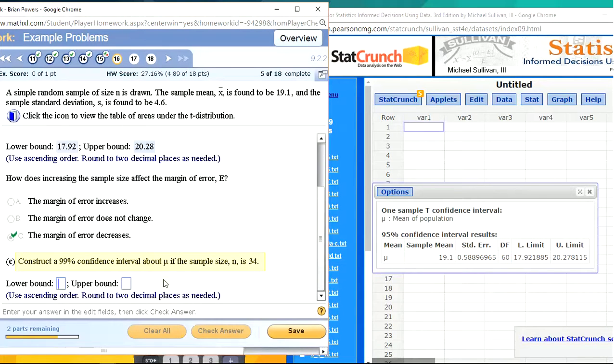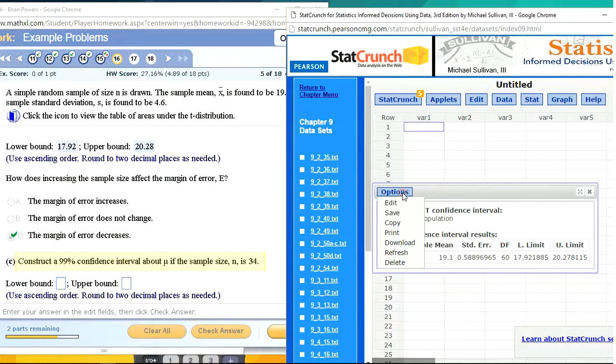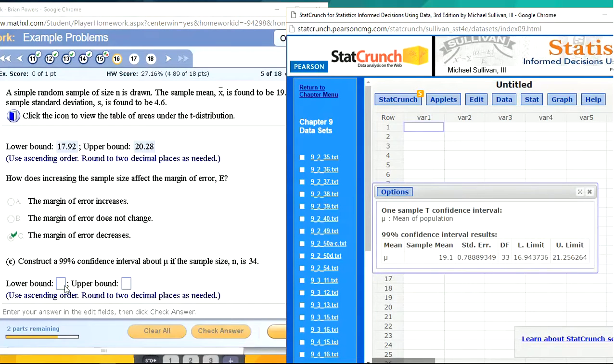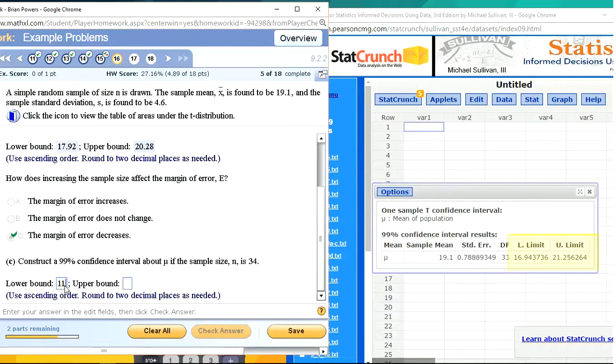A 99% confidence interval at 34. So I'm going to change the sample size to 34, and I'm going to change the confidence level to 99. Compute that. So we have a lower limit of 16.94 to 21.26.